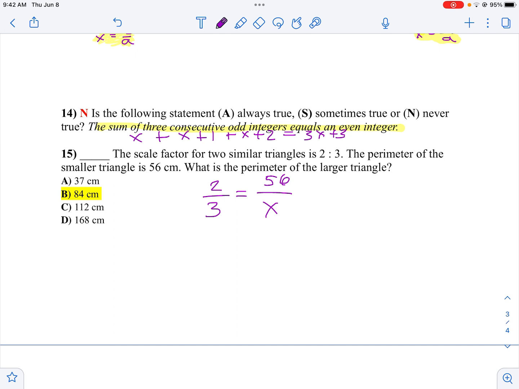Well, I look at this one, I can see these are equivalent fractions. Because if I take 2 times 28, I get 56, don't I? So if I take 3 times 28, 3 times 28 is 84, which is choice B. I could have solved this a different way, but I like the equivalent fractions on that one.